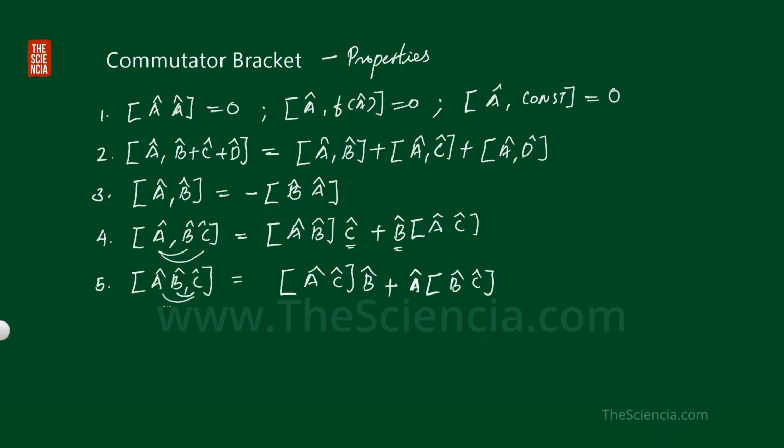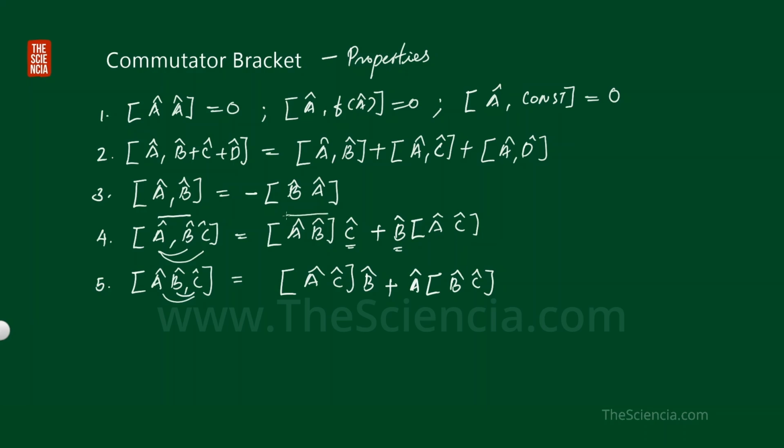How can one remember these equations without any confusion? I will tell you some ideas. See, in the fourth case, here we are making a combination of commutator bracket with A and B. So with respect to A and B, the position of C is on its right hand side.